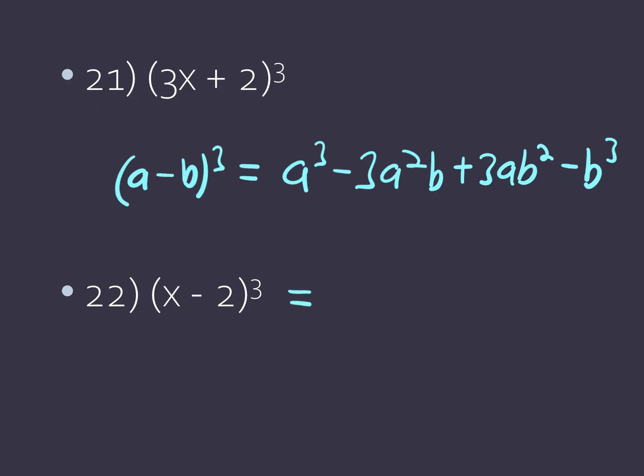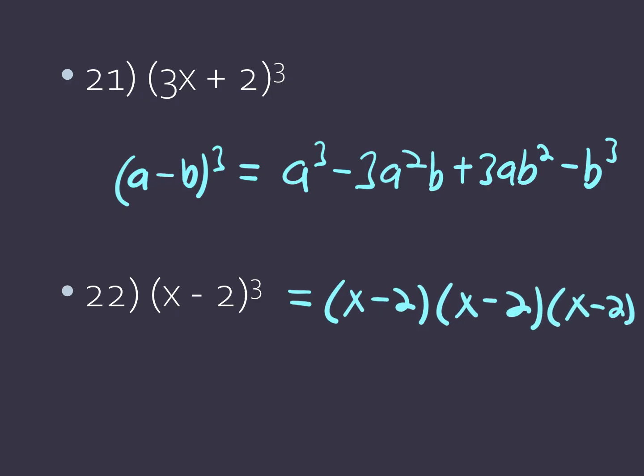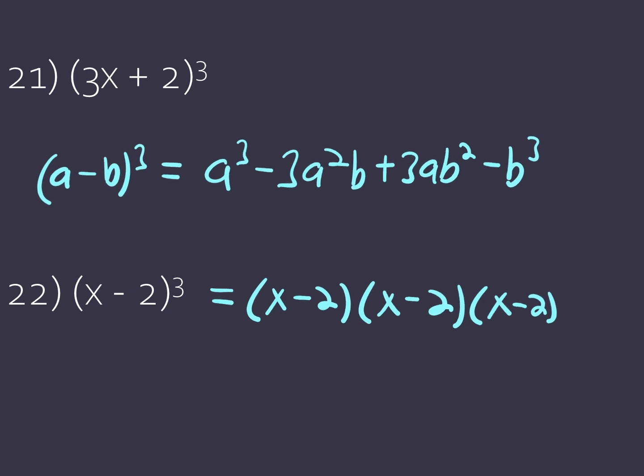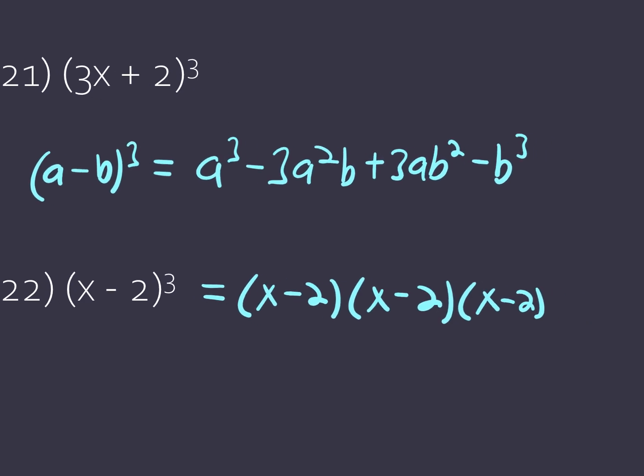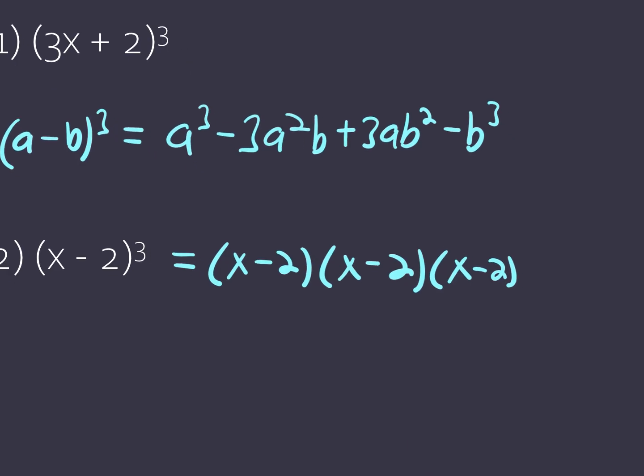Or if you don't want to do that, you could write it 3 times and multiply. Just when you do it this way, you have to do it piece by piece, right? You can't multiply all 3 of them at once. You might confuse yourself. So let's say you did choose to do it this way, that you wanted to write it 3 times and multiply it.